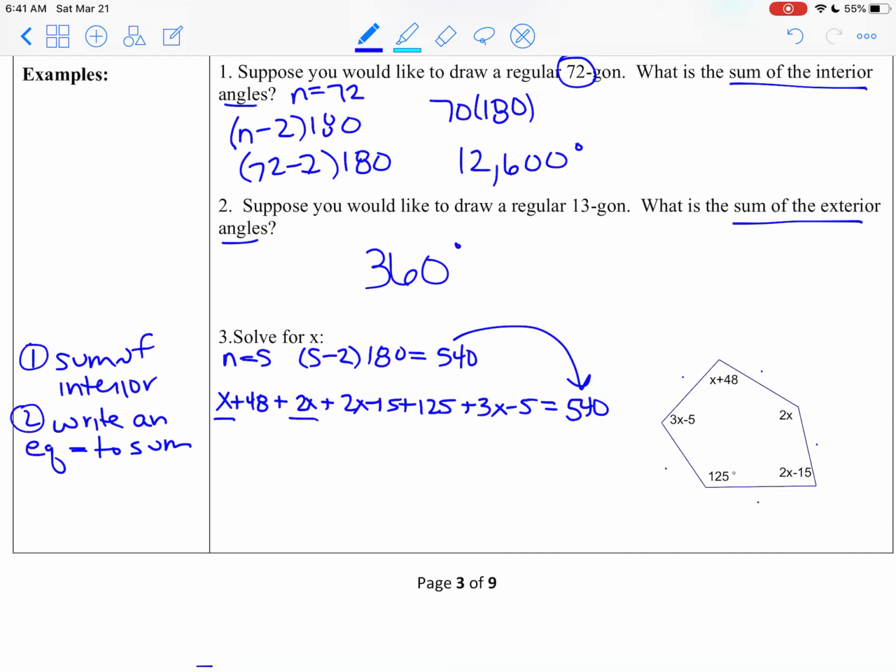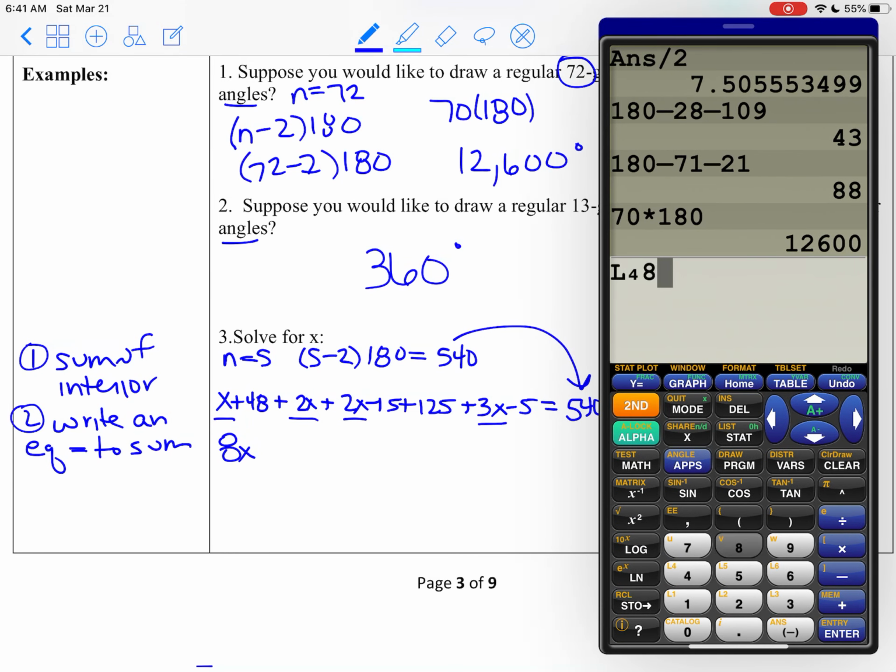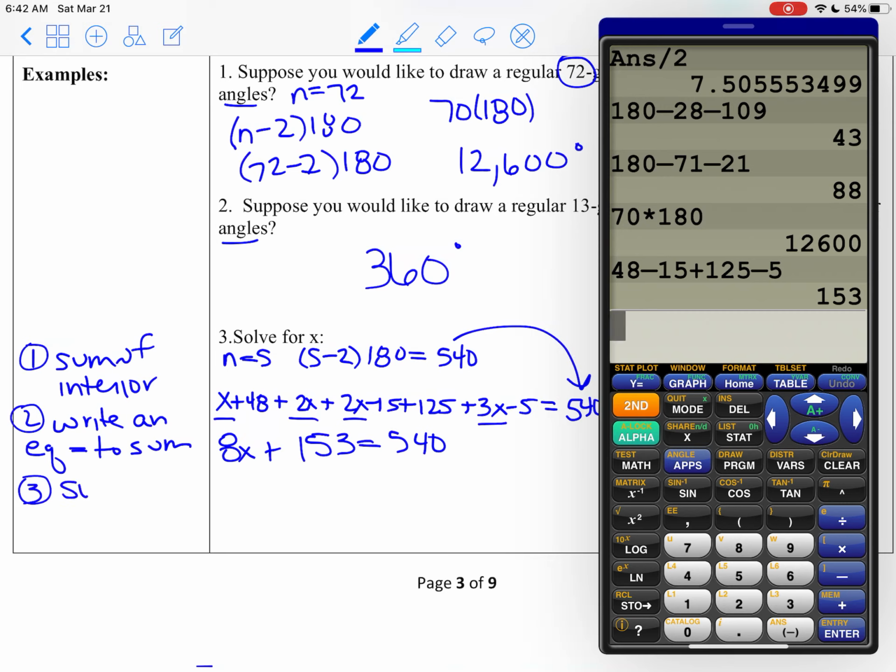Combine like terms. x plus 2x is 3x, plus 2x is 5x, plus another 3x is 8x. And use our calculator: 48 minus 15 plus 125 minus 5, and that's 153, equals 540.